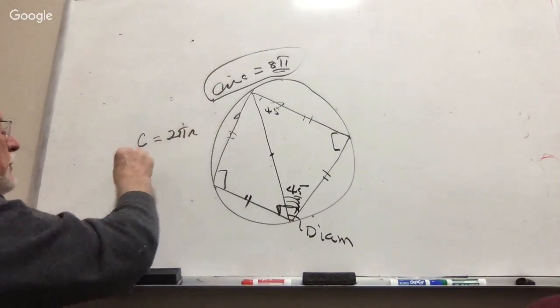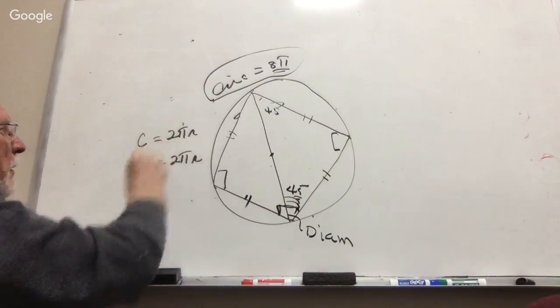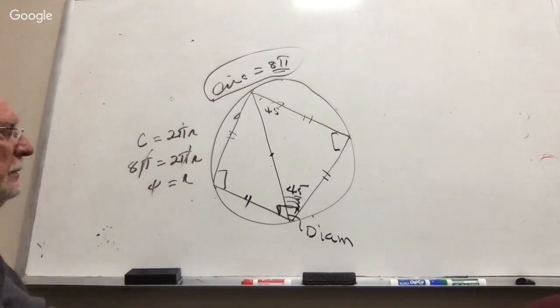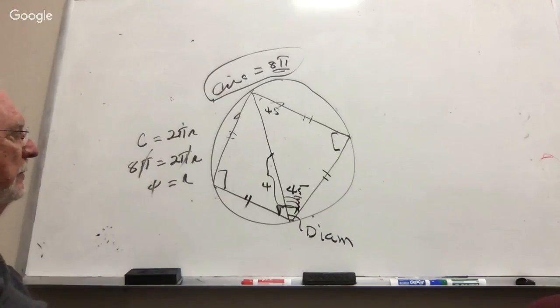Okay, so if I know this is 8 pi, and that's equal to 2 pi r, so we divide by 2, r then is equal to what? 4. Oh my gosh. All right, so this is 4, right? So then the diameter is 8. The diameter is 8. Hang on, I'm still writing stuff down.